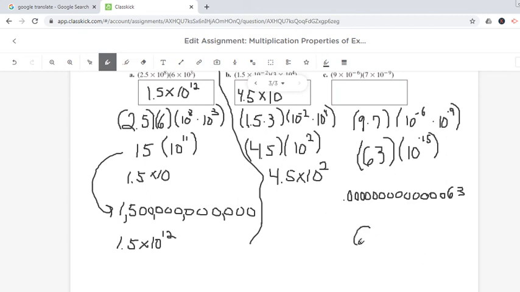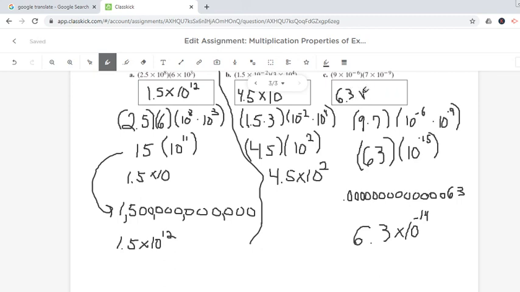So it's 6.3 times 10 to the negative 14. Okay, so I'll write it up here. This is the answer.